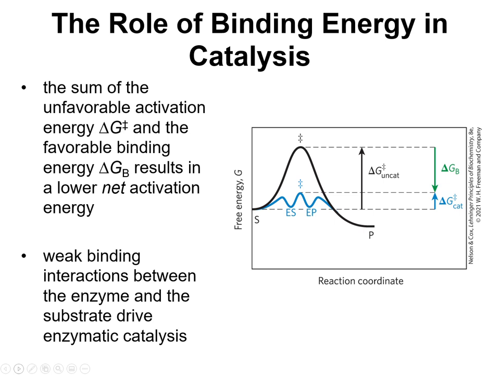So to recap what we just talked about over the last few slides, if you take the sum of the activation energy that's unfavorable, so uncatalyzed, and you add to it that binding energy of the substrate binding to the enzyme and all of those interactions, that gives you a lower net activation energy.